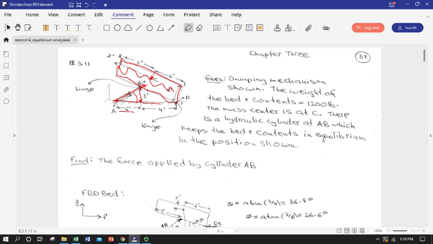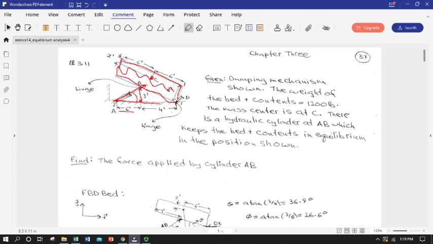The hydraulic cylinder goes between points B here, where it contacts the bed, and A, down on the floor, and we're given some other dimensions so we can get lines of force and offsets for moment. And we want to know what force has to be applied by the hydraulic cylinder to keep this load, this bed and contents weight load, in static equilibrium.